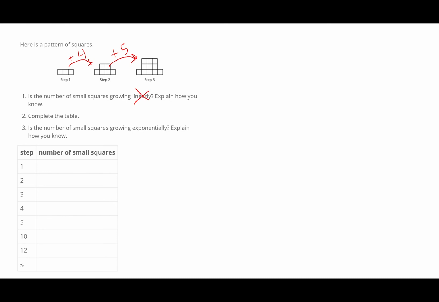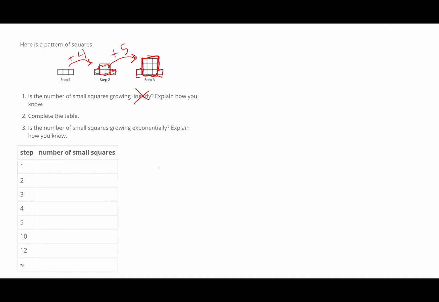Completing the table here, step 1 has one small square and then 2 on either side. Step 2 has a square made up of 2 rows and 2 columns, and then still just has these little extra squares on the side. And then step 3, the middle section is a 3 by 3 square with just the 2 extra blocks on the sides.